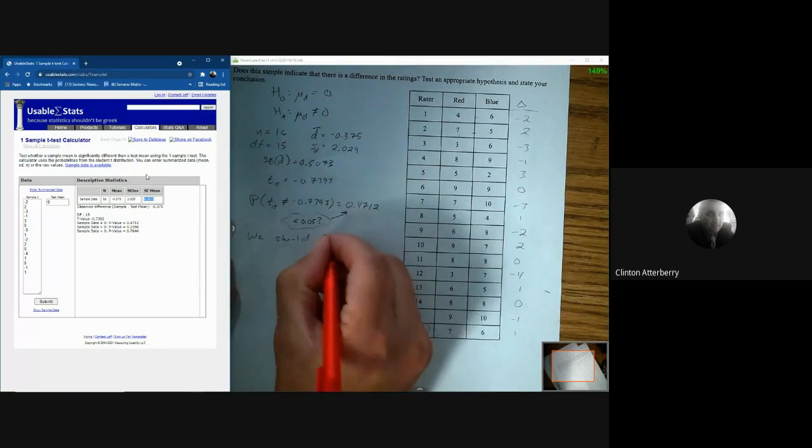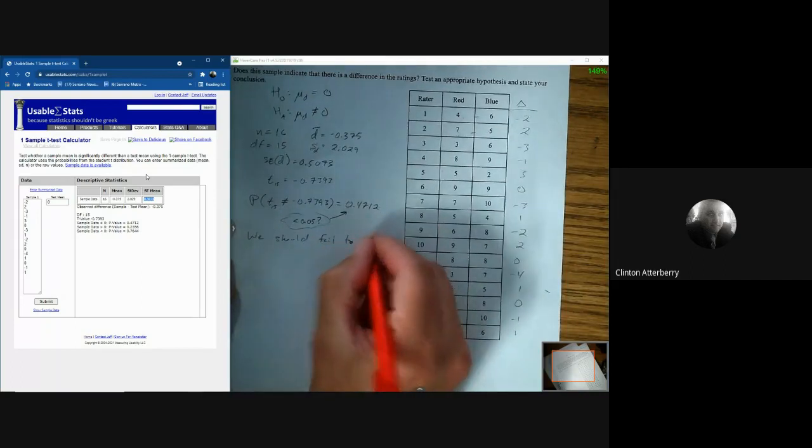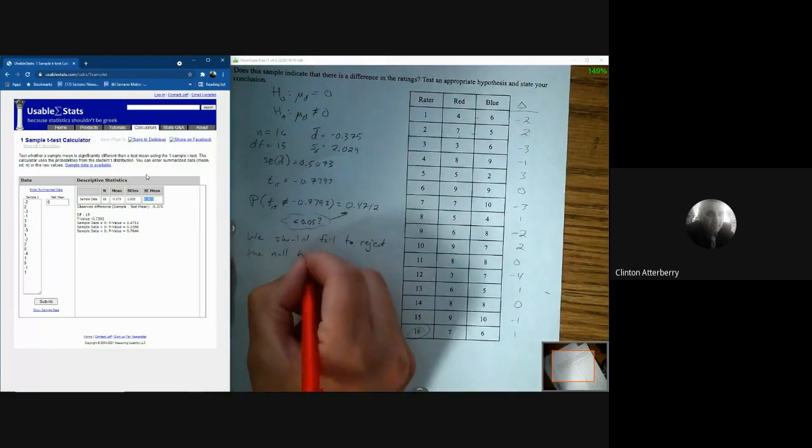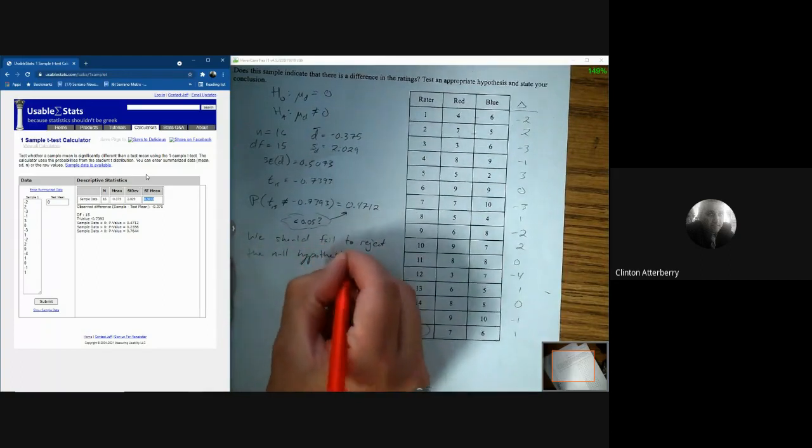We should fail to reject the null hypothesis. Okay.